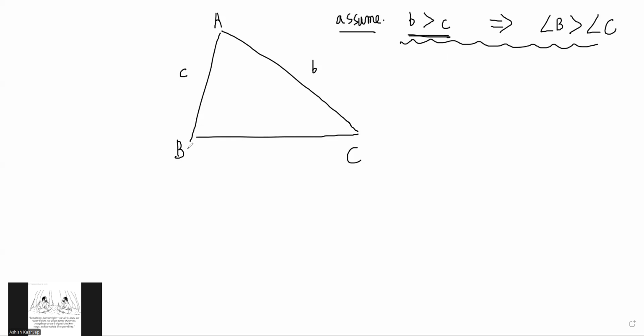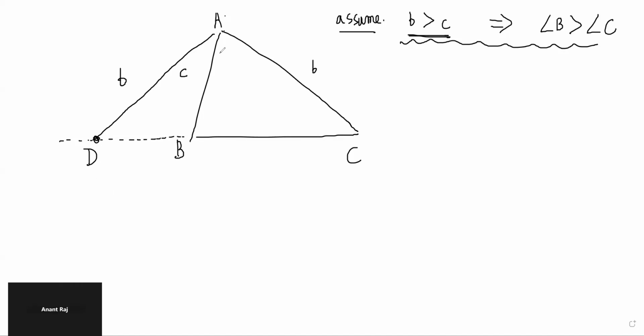So how do I do it? What I will do is I will find a point on the extension of BC such that from here A, I will take the length B and I will make an isosceles triangle. Basically, take this radius and cut an arc like this.